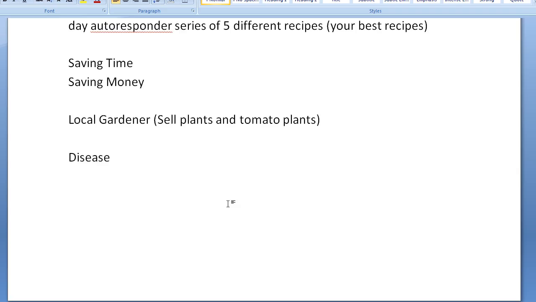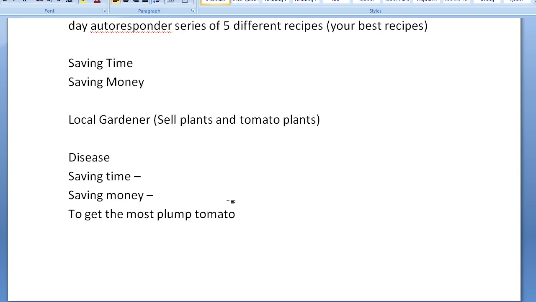So we can kind of jot down objections or fears and things like that. So saving time and saving money to get the most plump tomatoes. So instead of focusing on just plants, let's just focus on tomatoes.